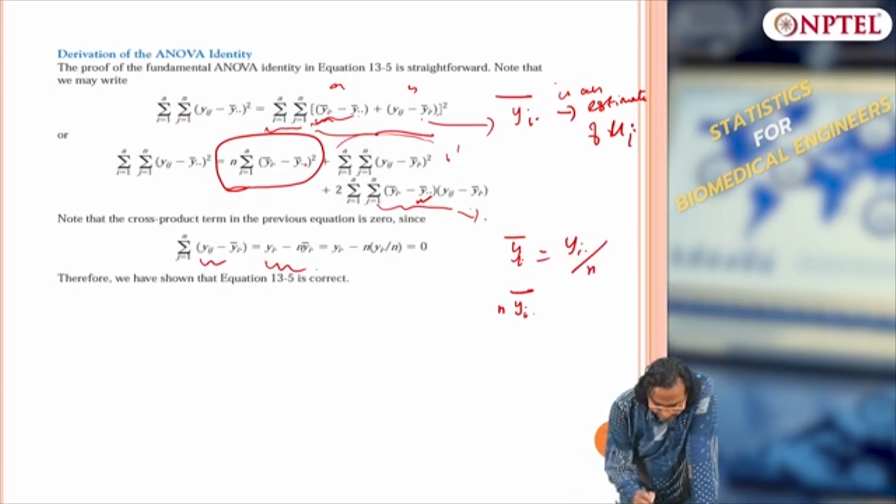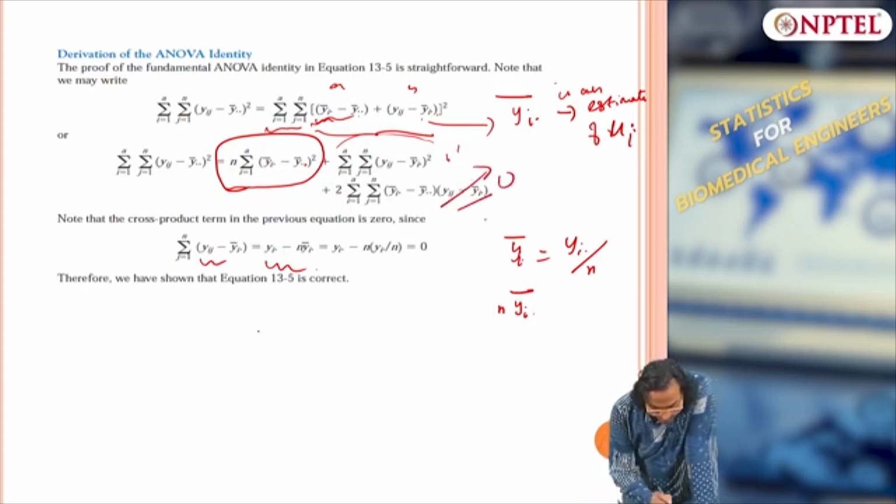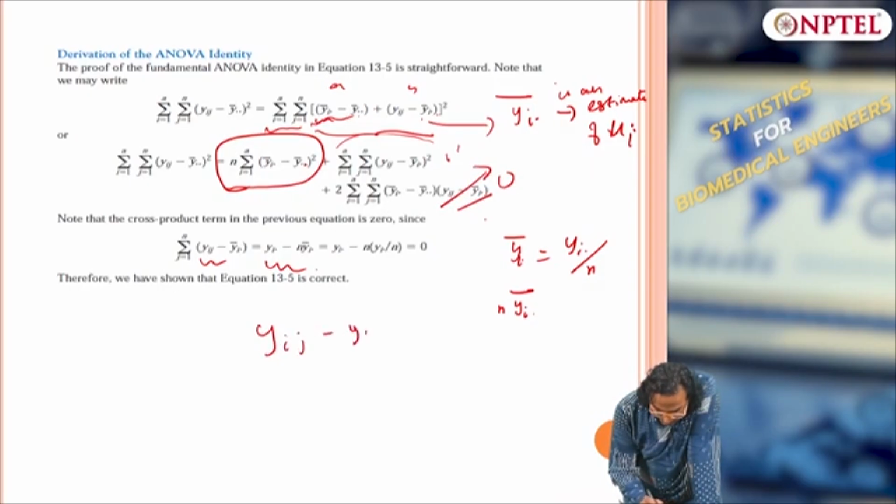So the second term essentially goes to 0, because I have yij minus yi dot bar. Let us just take the summation along j equals 1 to n.